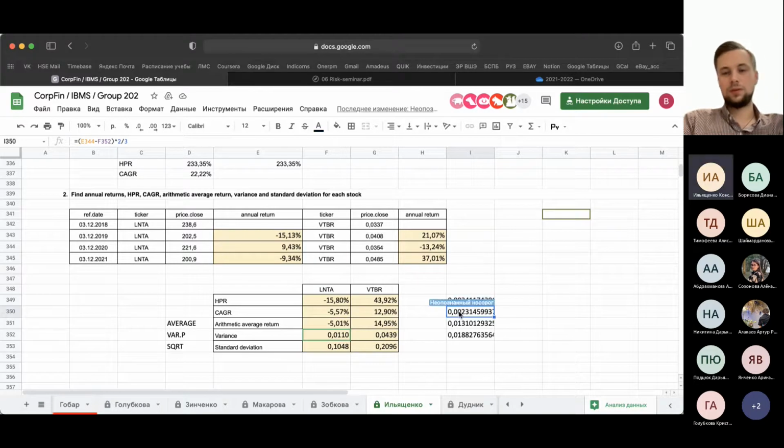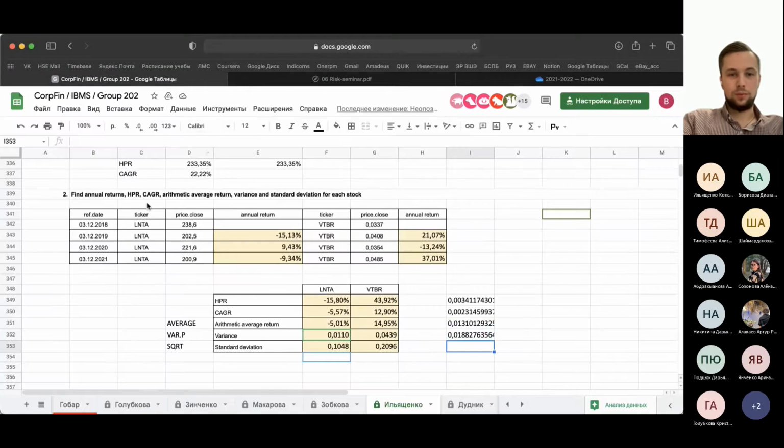Maybe some problem with the brackets. I don't know what the problem is. Let's practice it at home, because today we have something to do.